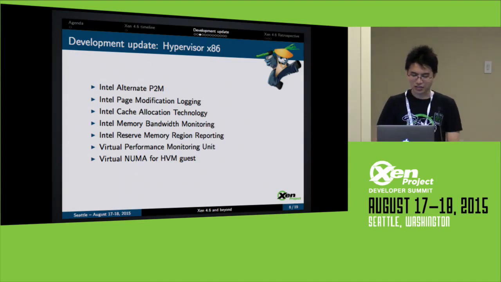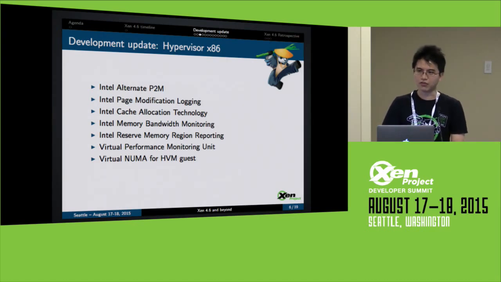And there's the cache allocation technology, which is about cache partitioning and QoS. Okay, and the memory bandwidth monitoring also falls into the same category. And the reserved memory region reporting is about legacy device pass-through, like USB and graphics cards.